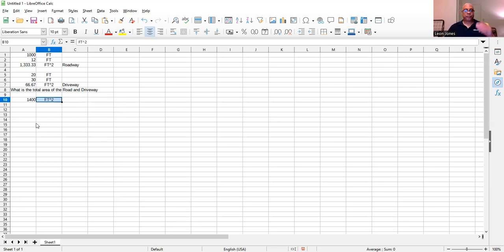However, when we deal with areas, particularly in the inspection area, we deal with square yards. Not to fear, what I'm going to do is take this 1,400. We already have square feet. So I'm going to take 1,400 and divide it by 9.